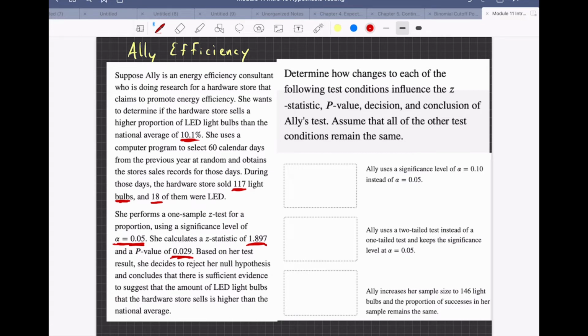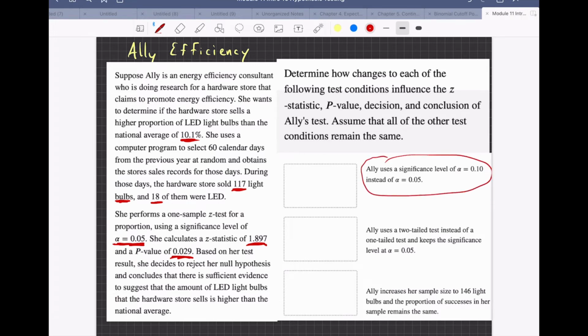That makes sense because 0.029 is less than 0.05, and concludes that there is sufficient evidence to suggest that the amount of LED light bulbs that the hardware store sells is higher than the national average. Determine how changes to each of the following test conditions influence the C statistic, p-value, decision, and conclusion for Ellie's test. All right, the first one.